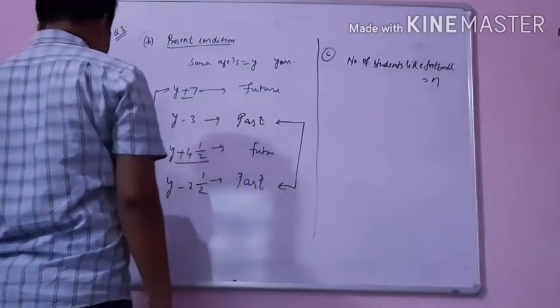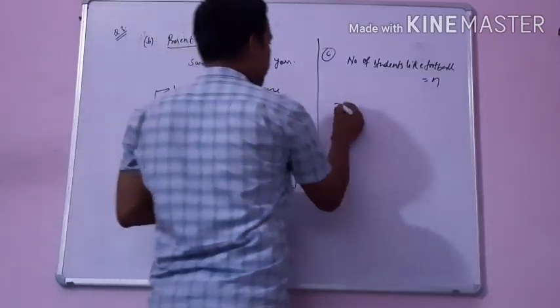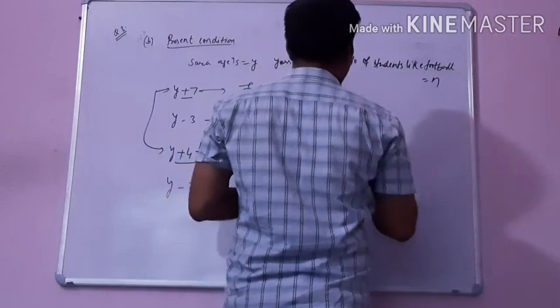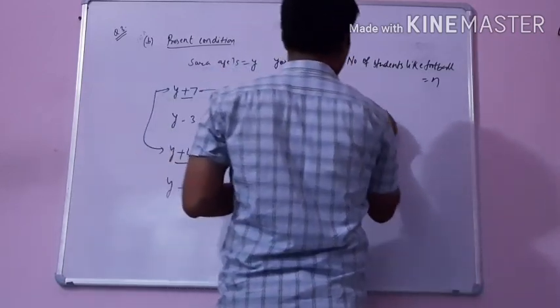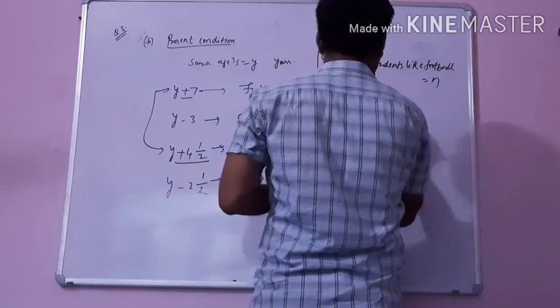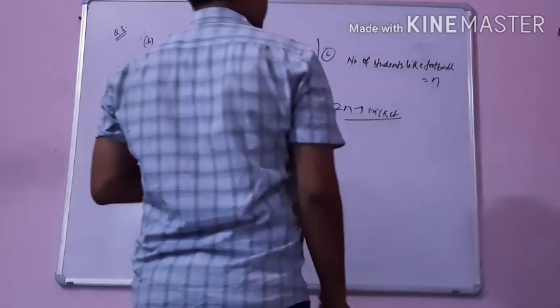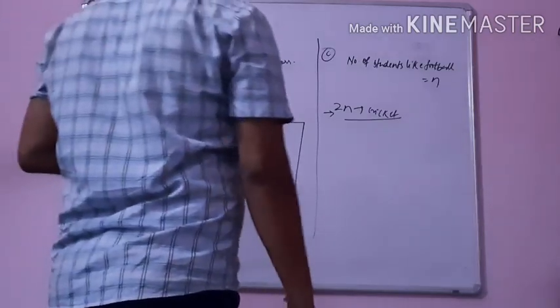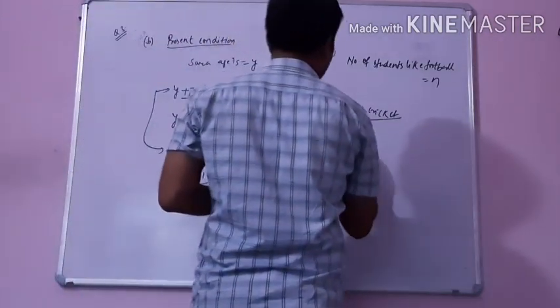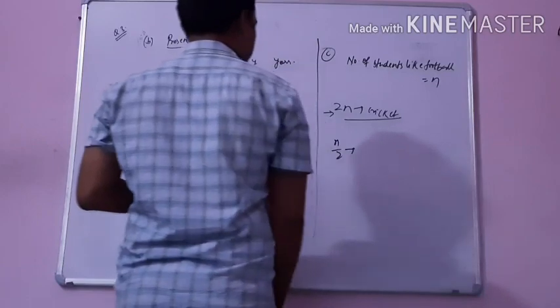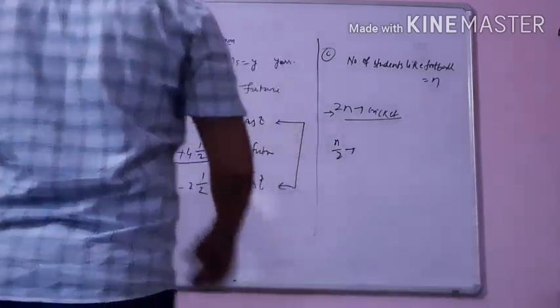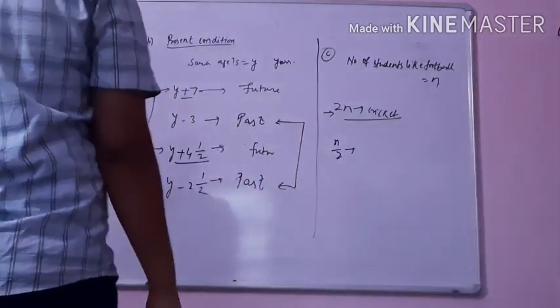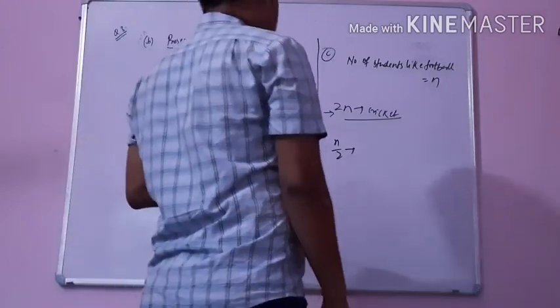Think of a game other than football. For 2n, suppose you consider cricket: the number of students who like cricket is 2 times the number of football players. For n upon 2, you take badminton: the number of students who like badminton is half the number of students who like football.